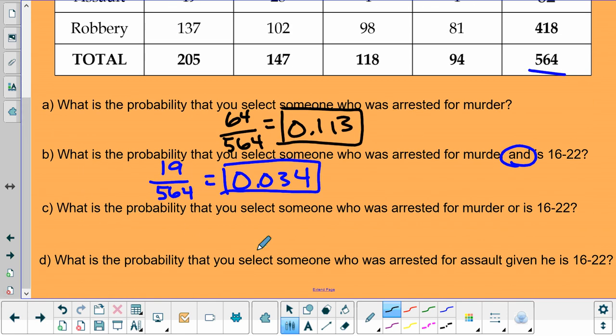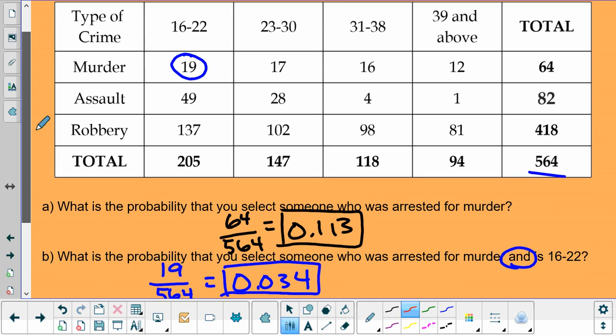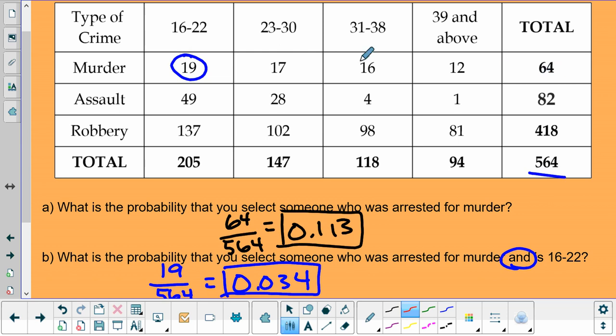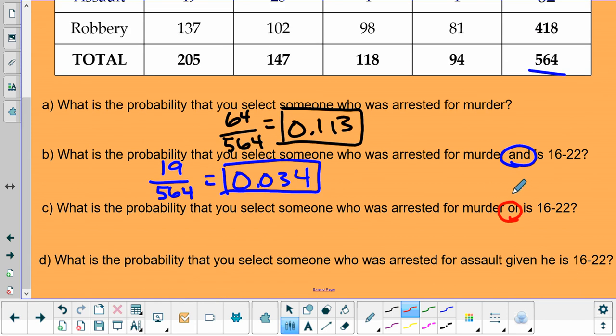Let's take a look at C. It says, what is the probability that you select someone who was arrested for murder or is 16 through 22? Now we're looking at an or probability. This is a probability where we would add and then subtract out the both.